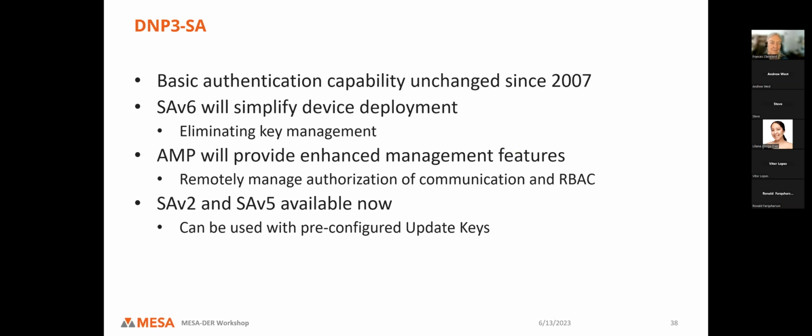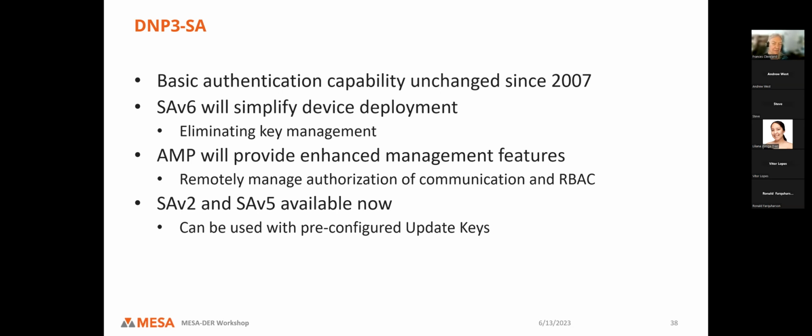And it's coupled with introducing, optionally, the use of the authorization management protocol. If you have an authority using the AMP protocol, it allows you to do remote management. But even if you don't have the authority, we still have an installation and enrollment procedure with MESA-DER that allows a human to authorize the communication between pairs of devices. It's just that AMP gives you more capability to manage that remotely.